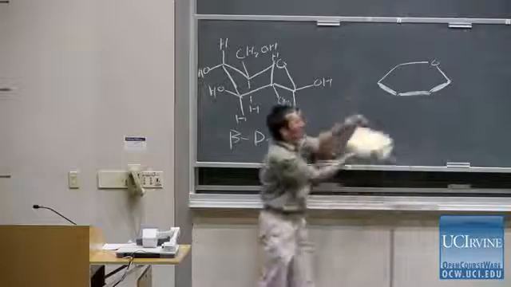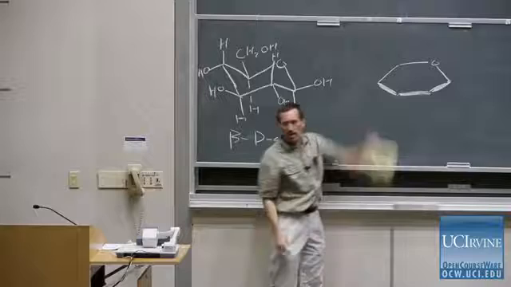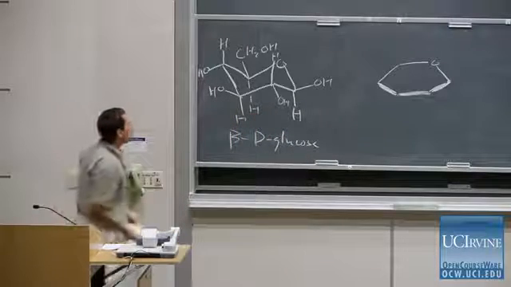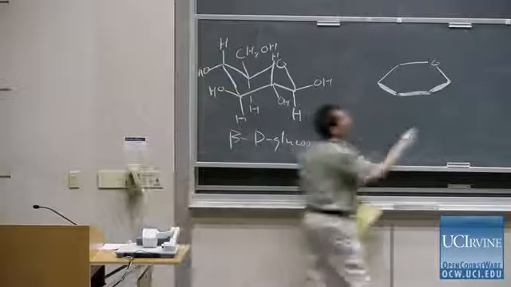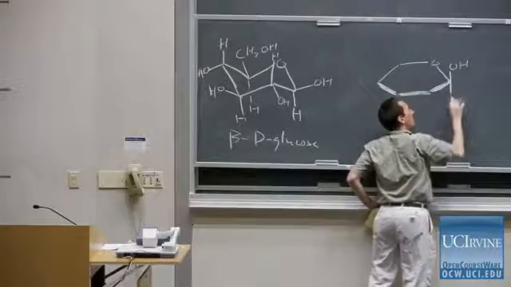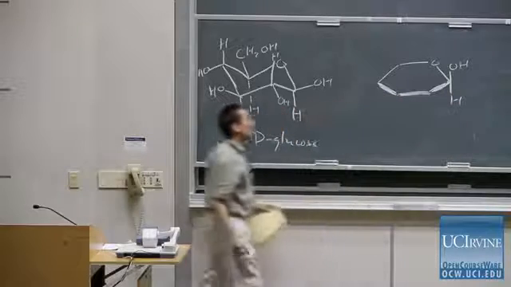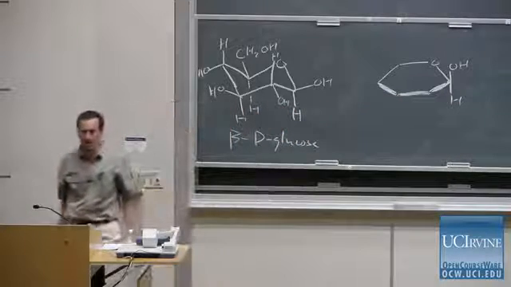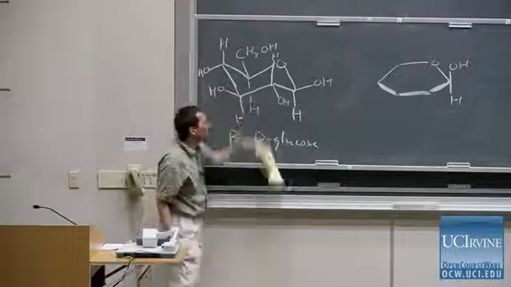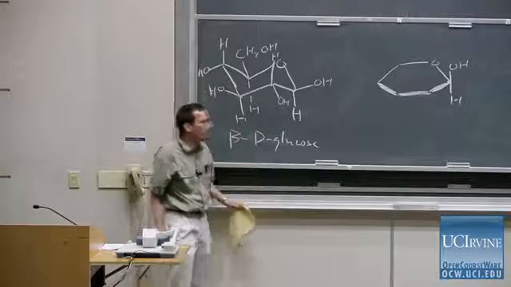So we have our ring tilted like this, but we're just representing a planar structure. And now you can think about it. We can simplify things. We can write our anomeric OH up and the hydrogen down. So obviously this is a more stylized representation. It's not trying to capture the physical structure of the molecule.